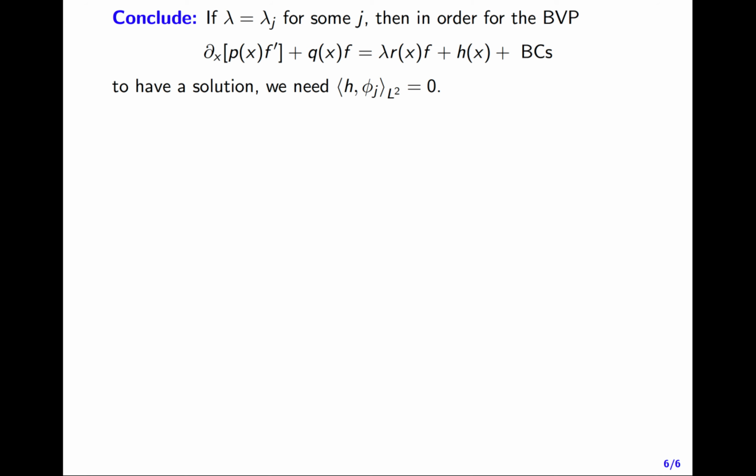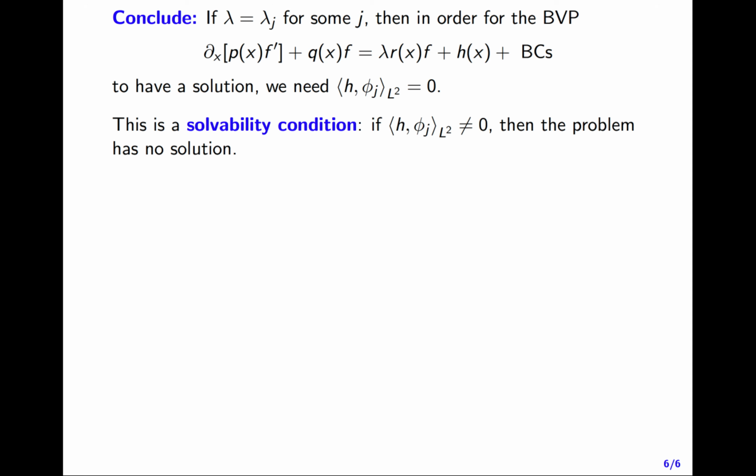We need the inner product of h against the corresponding eigenfunction phi j to be equal to 0. This is a solvability condition for our problem. It tells us that if the solvability condition is not met, if the inner product of h against phi j is not 0, then we cannot solve the nonhomogeneous problem.